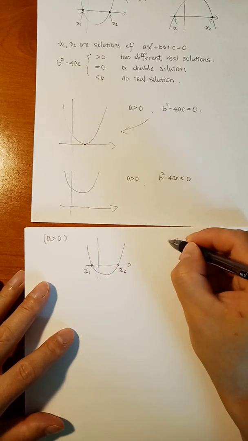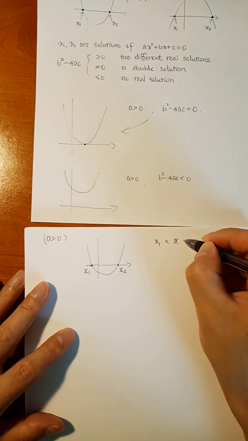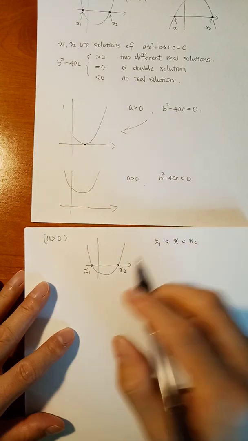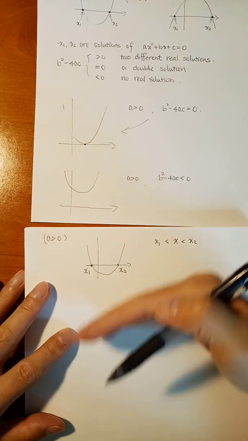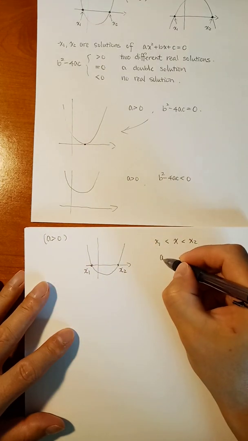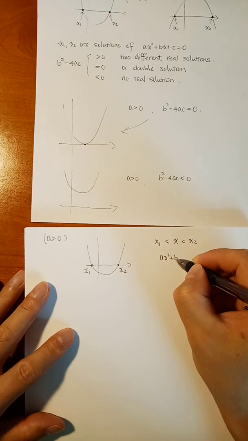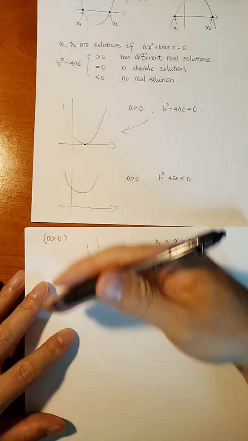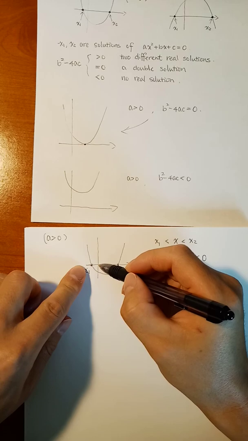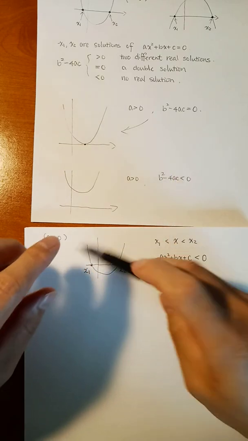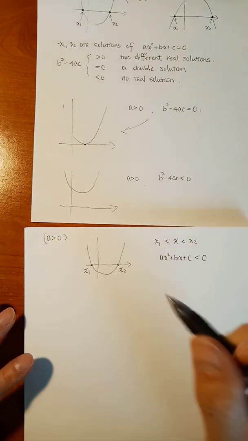When x is between x1 and x2, the graph is below the x-axis. Below the x-axis means ax squared plus bx plus c is less than 0, since the x-axis corresponds to y equal to 0.